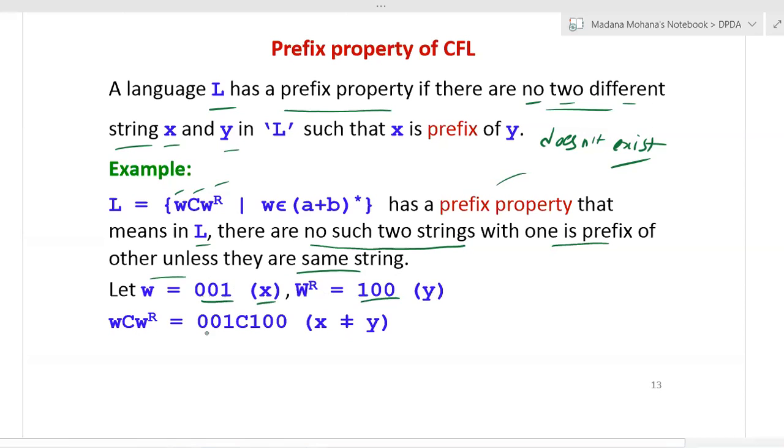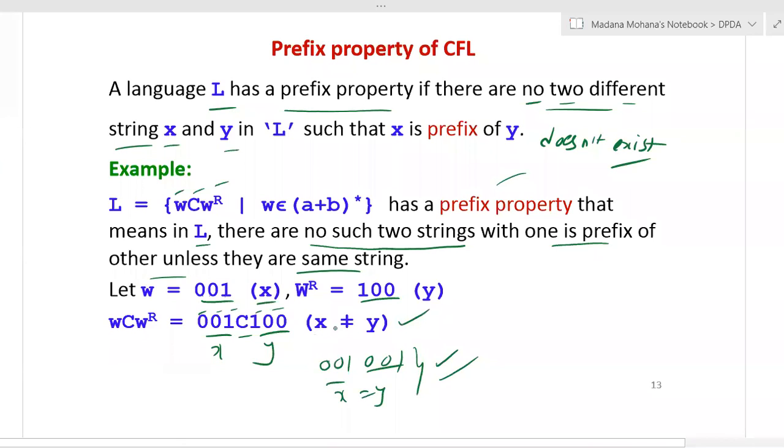Now you can combine these two: 001 c 100. Here you can see this is X, this is Y, and X is not equal to Y. X is 001, Y is 100. So these two are not equal. Only if these two are equal, for example 001 and again 001, then X and Y are equal, and only in this case is the condition satisfied.